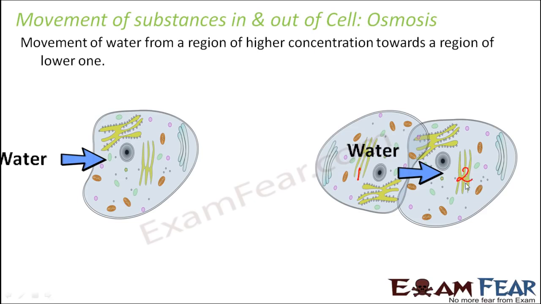Now what happens whenever water enters into a cell? The cell starts swelling up. It is as good as a balloon. If you keep putting water inside a balloon, it starts swelling up. If you take out water from the balloon, it will start contracting. Similarly is the scenario here.